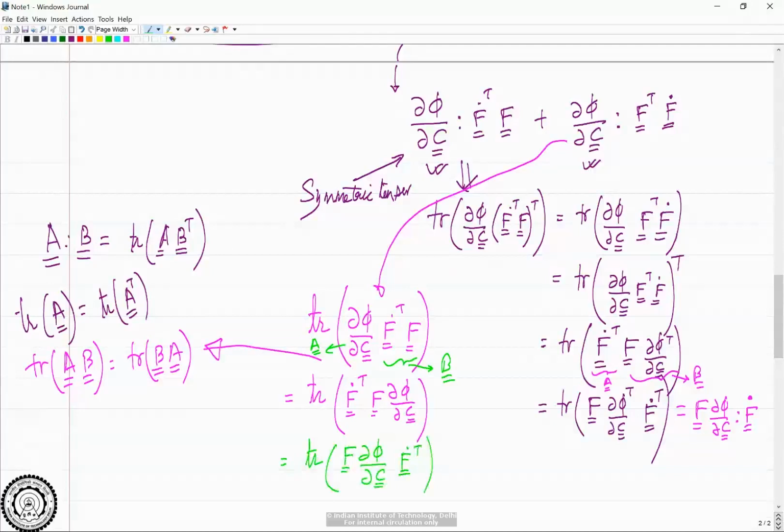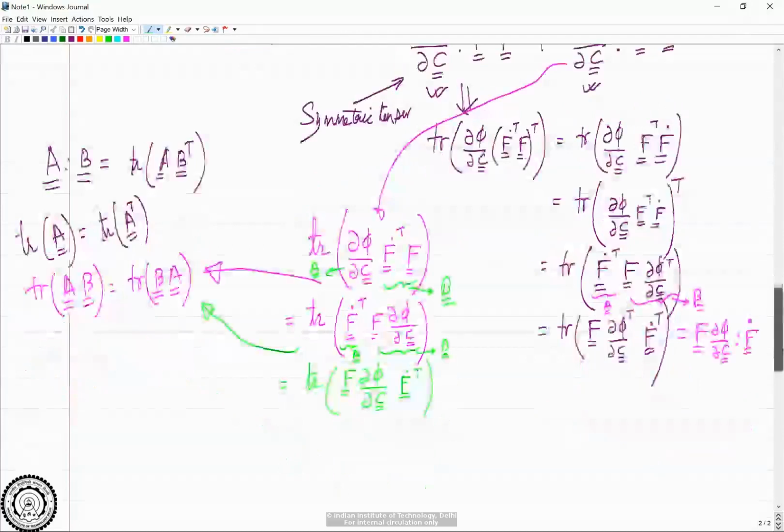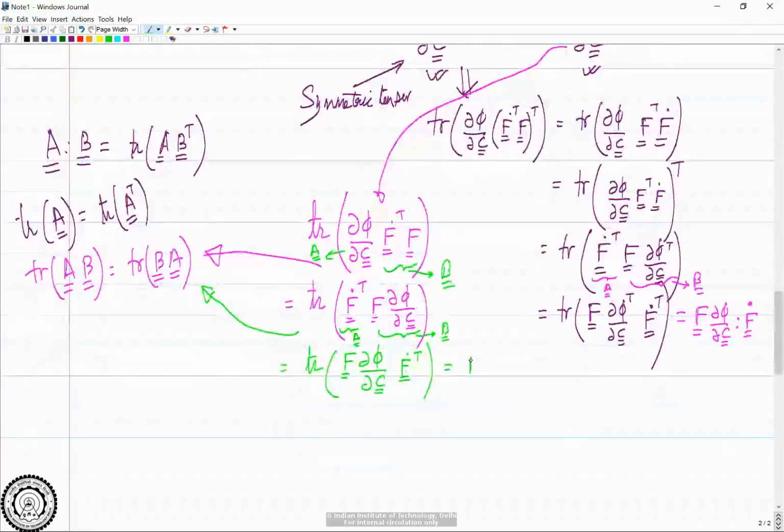And what did I use? I again used the same property here. But then this is A and this thing is B. And this is then equal to F del phi by del C double contraction with F dot.